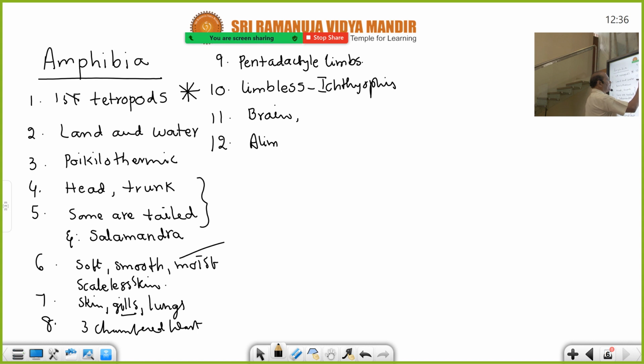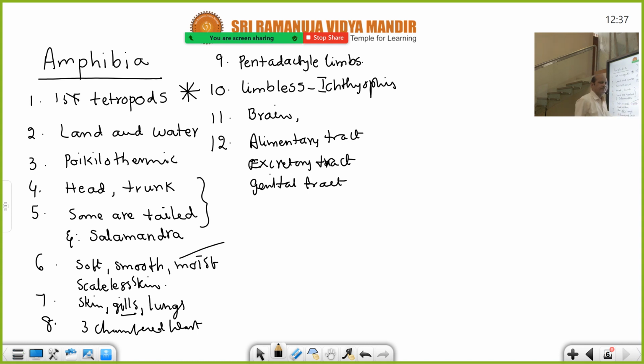Alimentary canal or digestive tract, respiratory tract, excretory system or urinary tract, and genital tract open into a common chamber. These three open into a common chamber called cloaca.